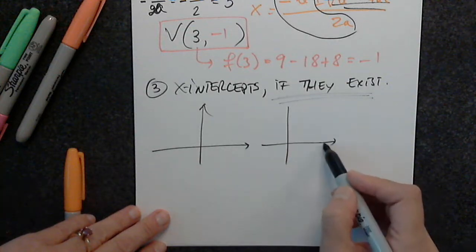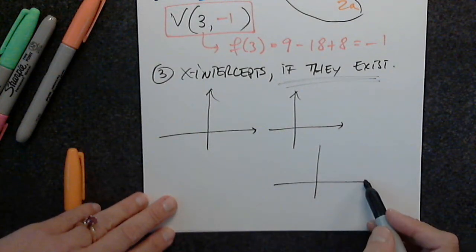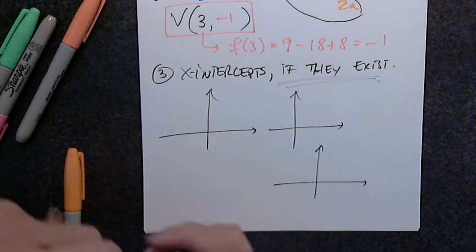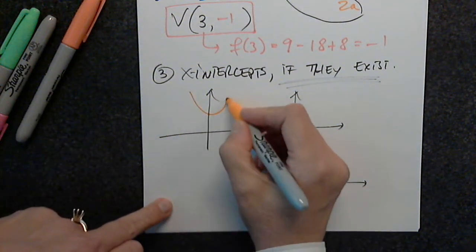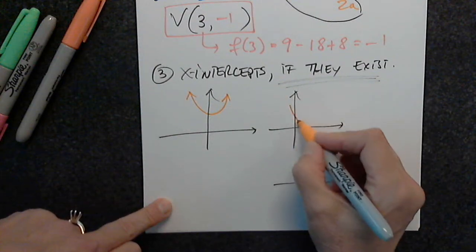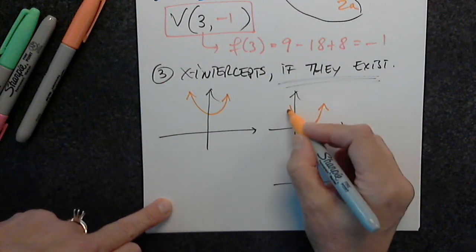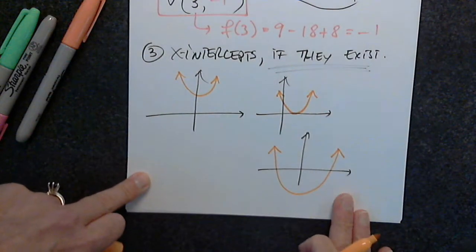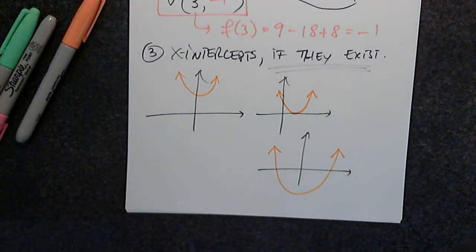For a quadratic function, there are three possibilities for a minimum. This is one possibility. Here is another. And here's the third one. The question is, how do I know which one I'm facing?